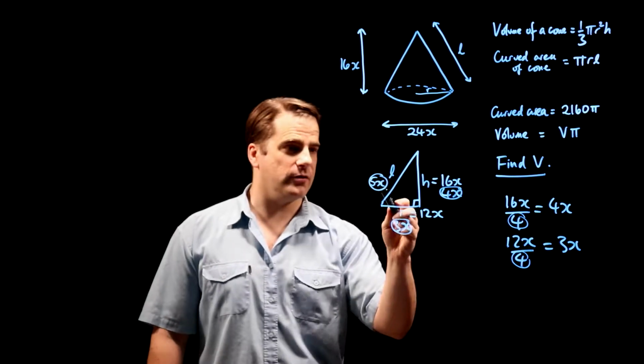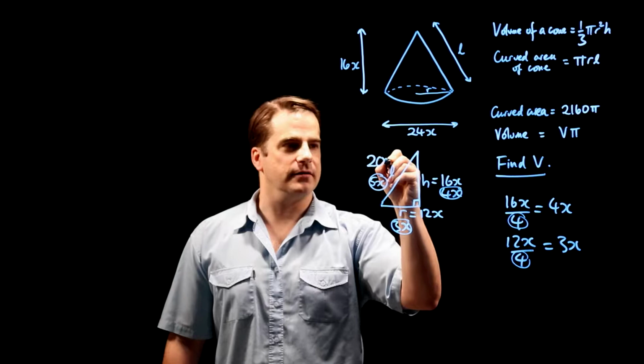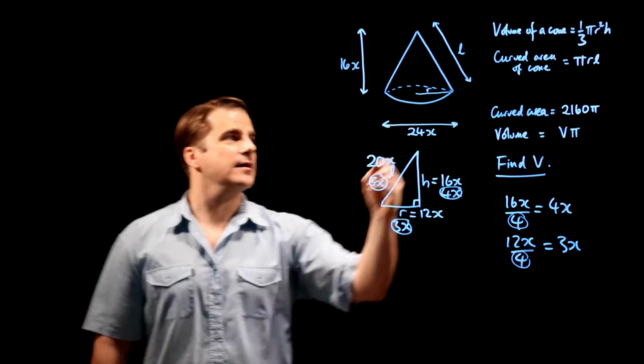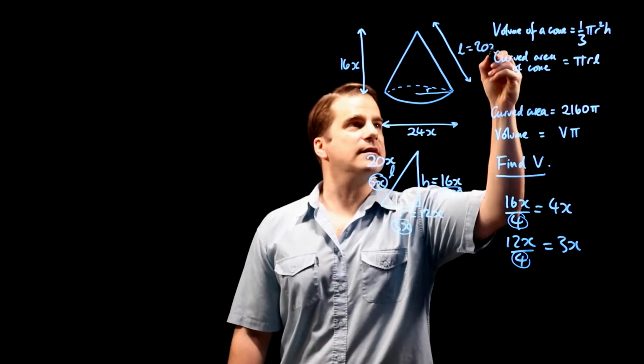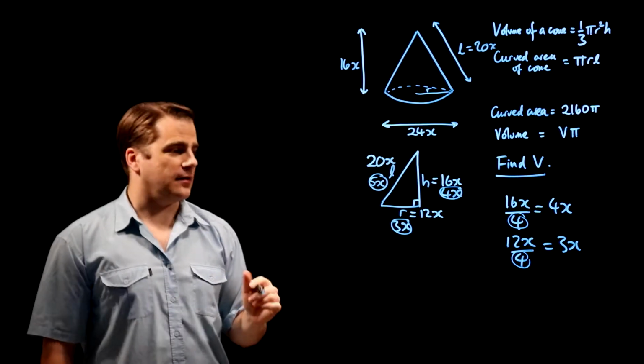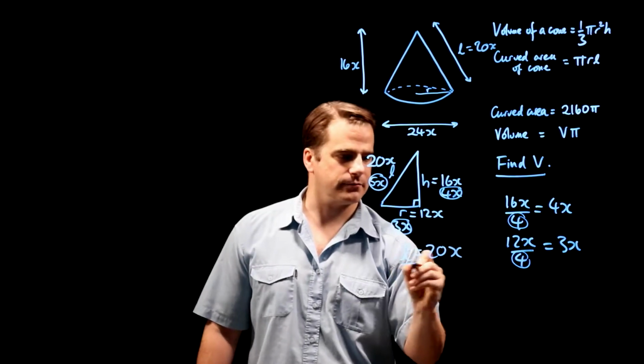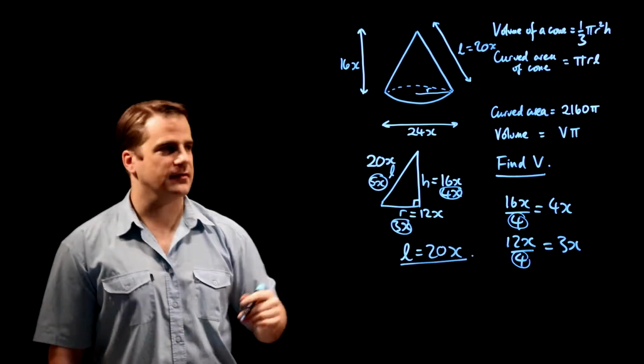But we've divided by 4, so to get the actual length, we've got to multiply by 4. So it's actually 20x. L is 20x. Good, so we've got L in terms of x.